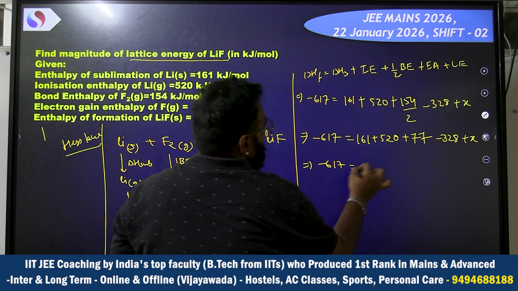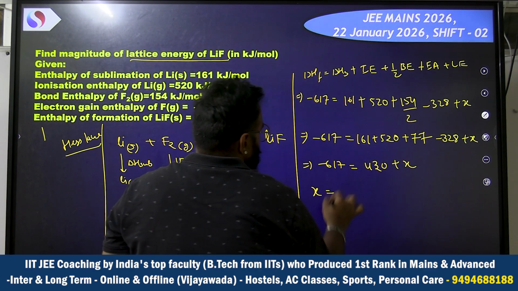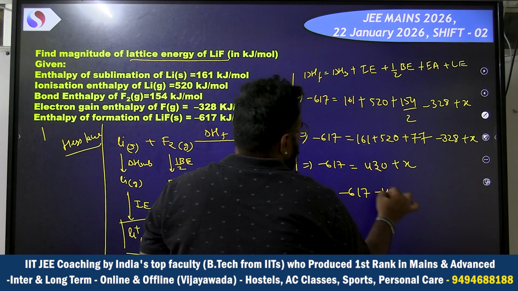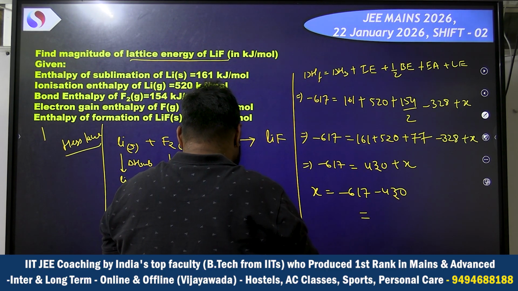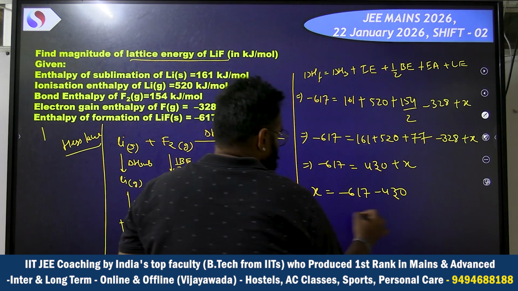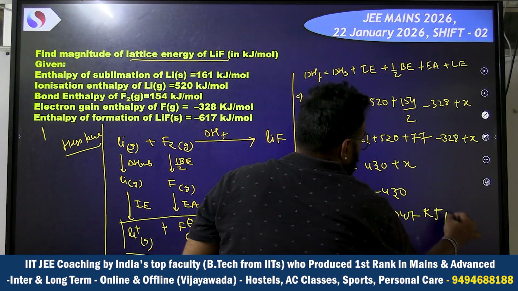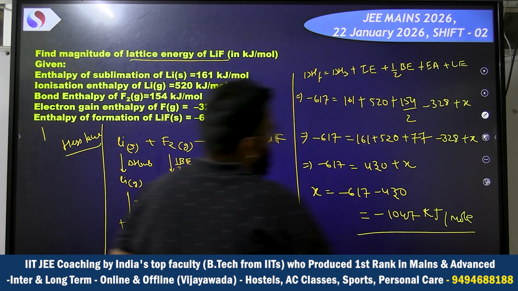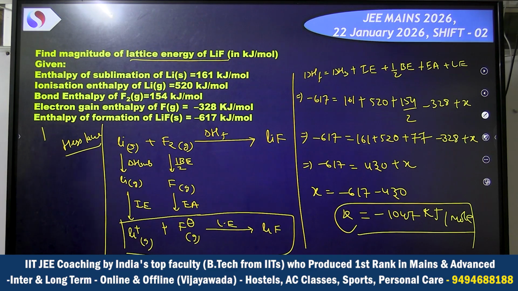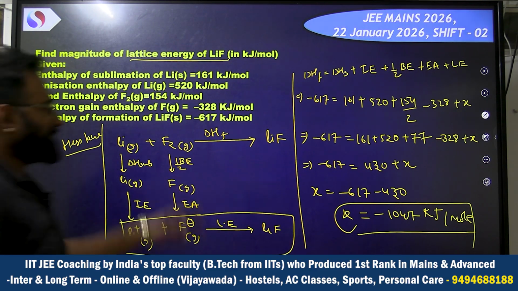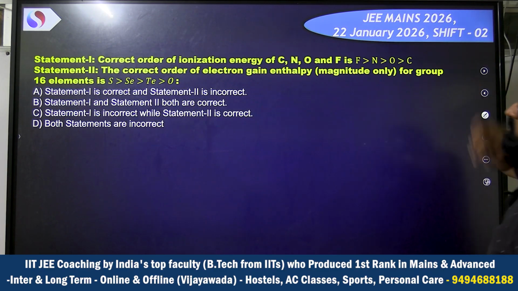Minus 617 is equal to 430 plus X. So X is minus 617 minus 430. So this will be how much? Minus 1047 kilojoule per mole. So this is the value of X, minus 1047 kilojoule per mole. Easy question. Let's go to our next question.